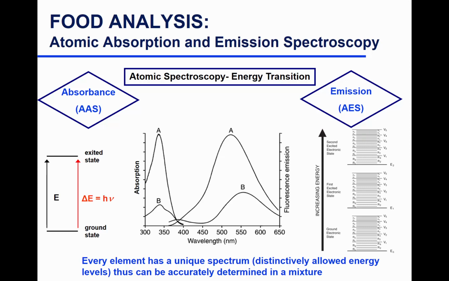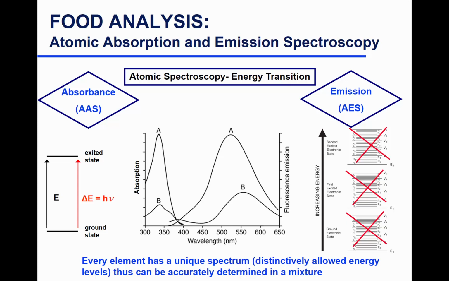So again, I'm reminding you that we don't have vibration or rotational energy, we have electronic energy, and the jumping from one level to the other is unique for each element. That's why you have different spectra for each element. Only the allowable energy shifts occur.